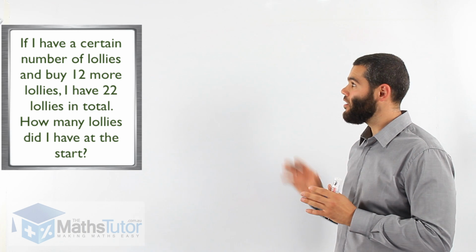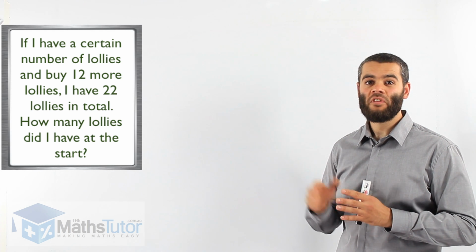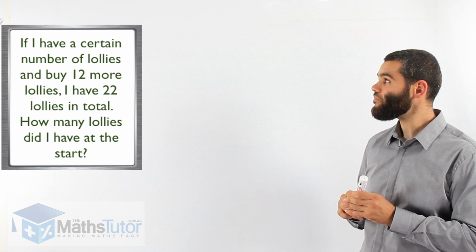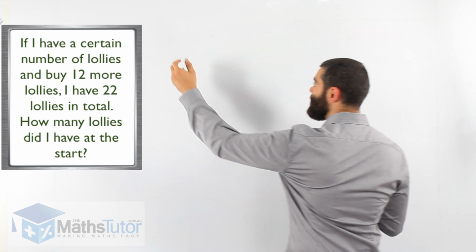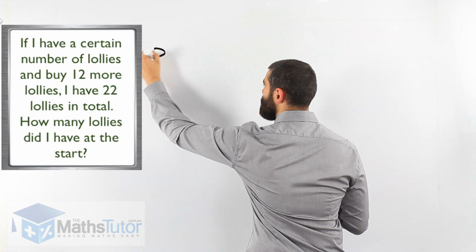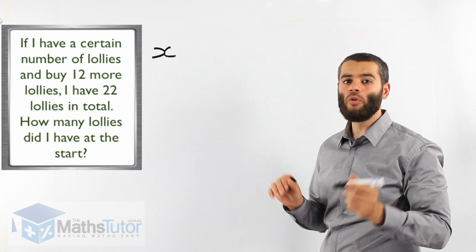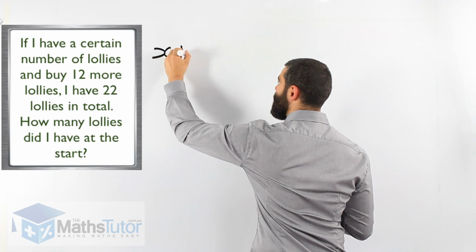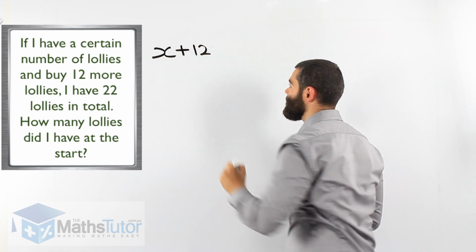So now, we need to break that up and put it into mathematical format so we can solve it much easier. If I have a certain number of lollies, so I have a certain number, I'm not sure what it is, I'm going to call it X. And I buy 12 more. That means I'm going to add 12 more lollies to what I already have.